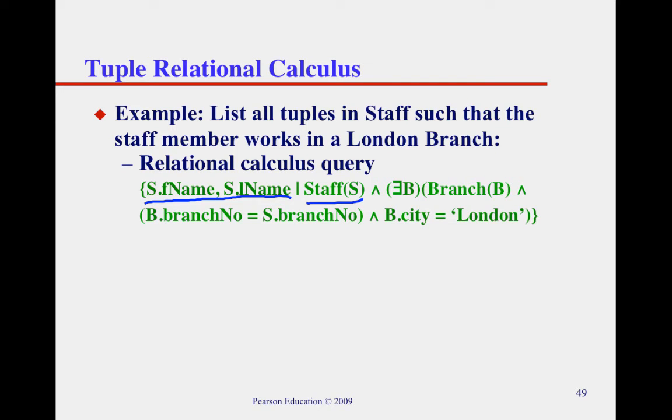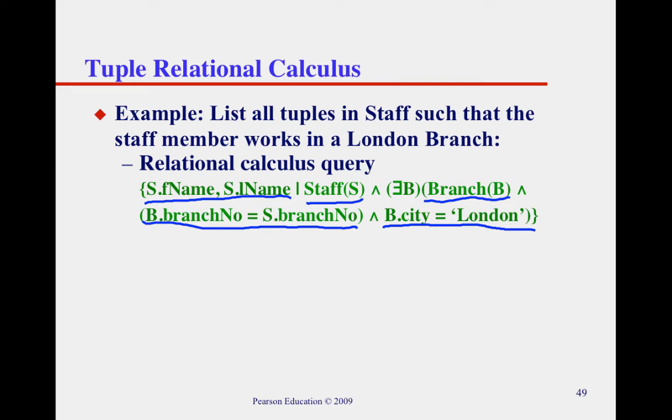So we're saying that a staff belongs in the result if they're part of the staff relation and there exists a branch B such that B is in the branch relation and that branch number matches the staff's branch number and the city is equal to London. So in this case, the branch is the bound variable.